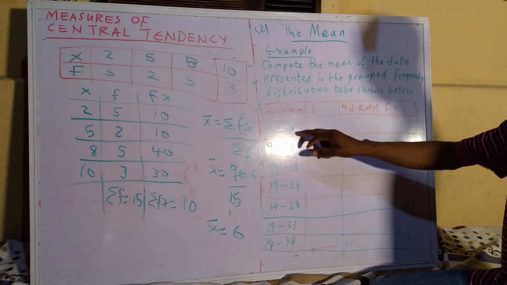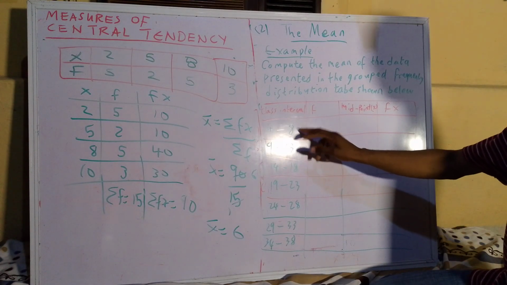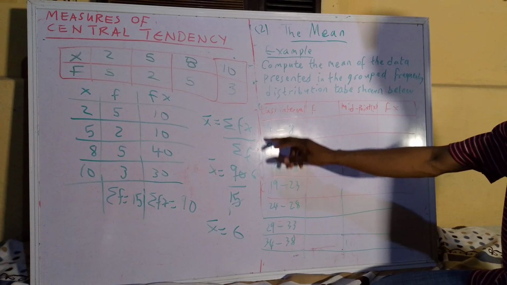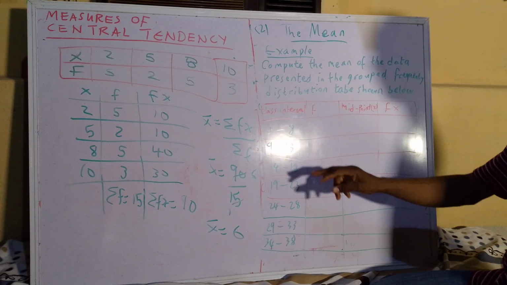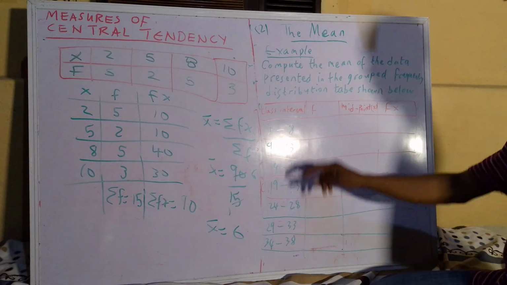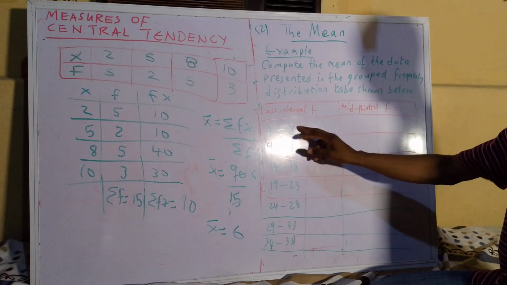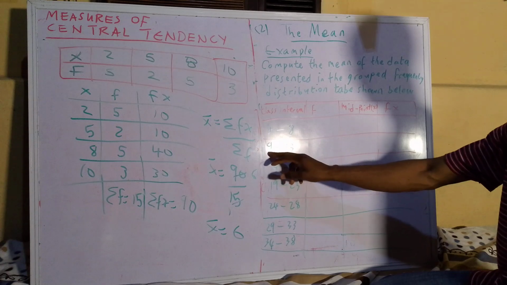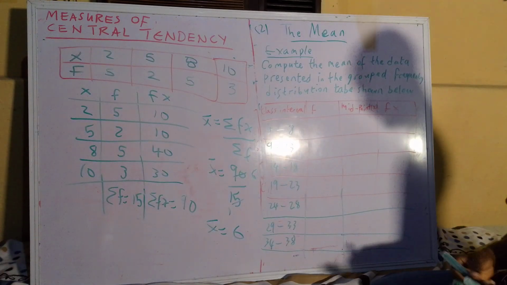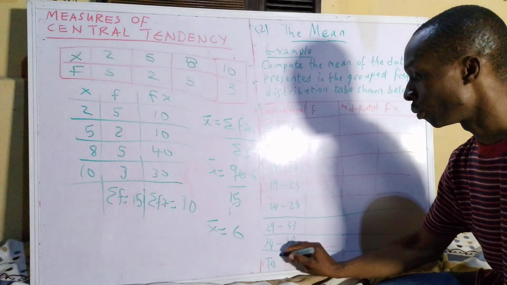Remember, where the upper interval ends, that's where the lower interval of the next one starts from. Lower, upper, lower, upper. Where this one ends is where this one starts from: 8, 9; 13, 14; 23, 24; 33, 34. Like that.